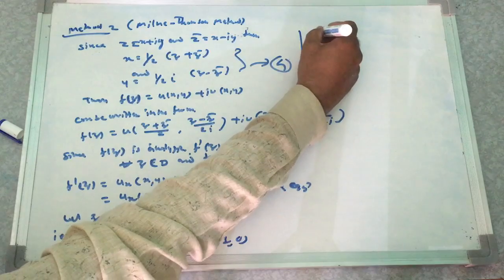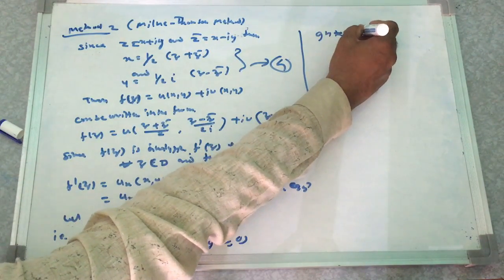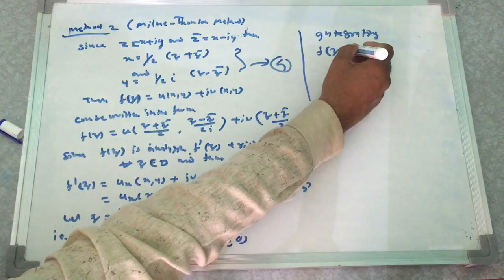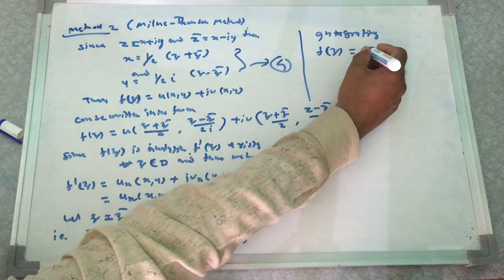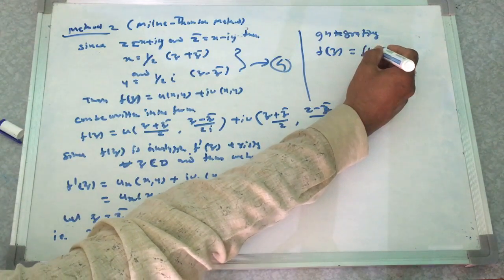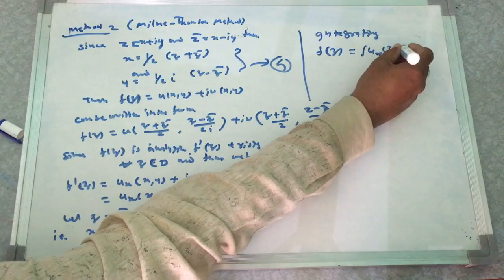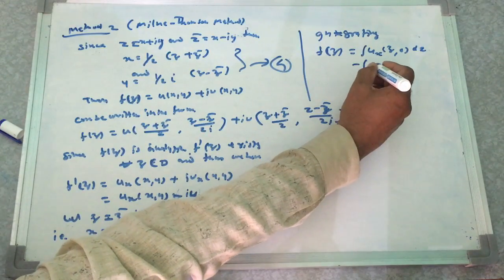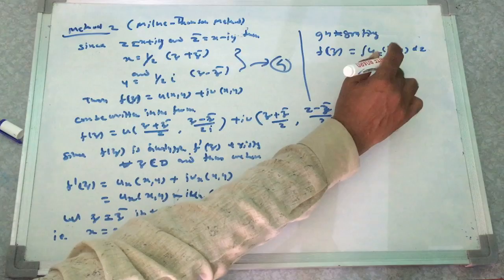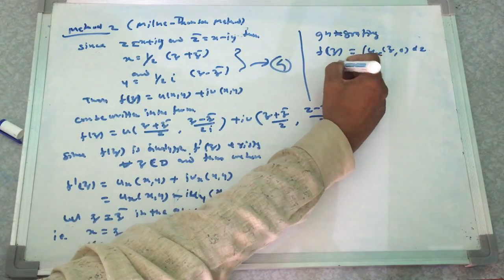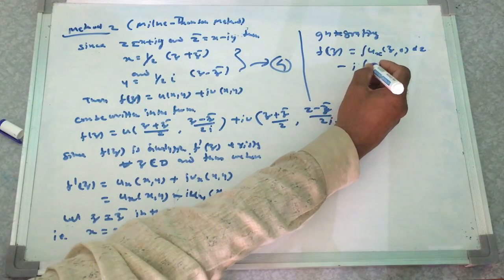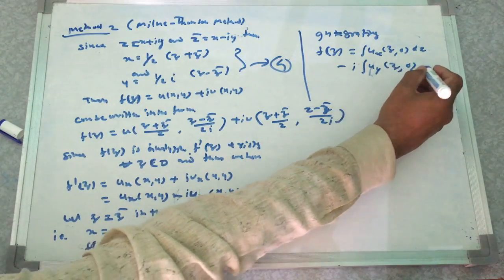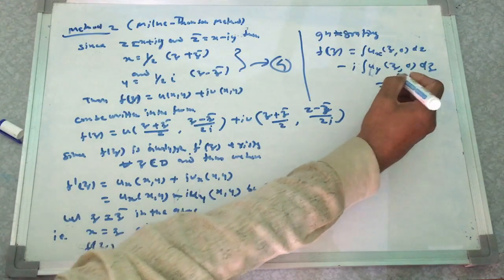So integrating, we have f of z is equal to the integration of u suffix x of (z,0) dz minus i into the integration of u suffix y of (z,0) dz plus a constant.